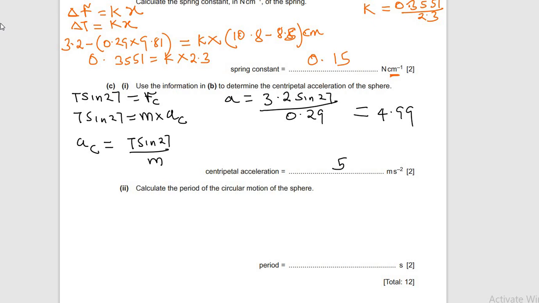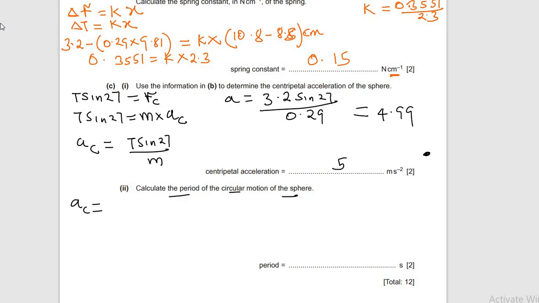The next question, calculate the period of the circular motion. Now, which formula relates period? Okay. Now, in CIE questions, the question is always linked. There's a reason why they ask us to find centripetal acceleration, there might be a relationship.